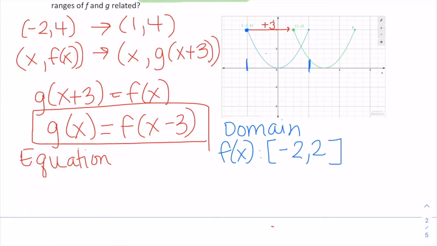But for the g of x, that's going to change, right? So this went from 1 to 5. So we could tell that all those values for the x are plus 3.